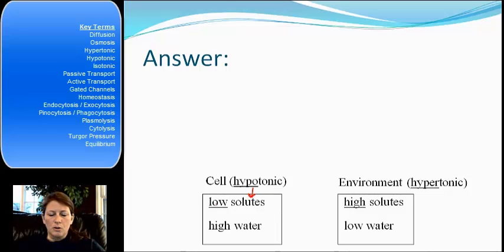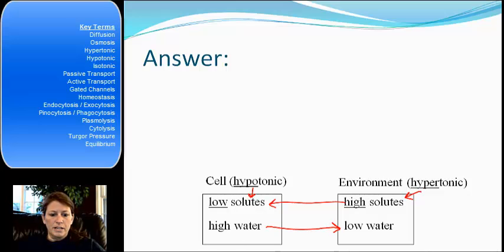So hypo means low solutes, and the water is the opposite because this question did not indicate or give me a percent. The environment is hyper, again referring to the solutes. So hyper is high solutes, and the water is the opposite because it did not indicate anything different. So drawing my arrows, high to low, high to low.